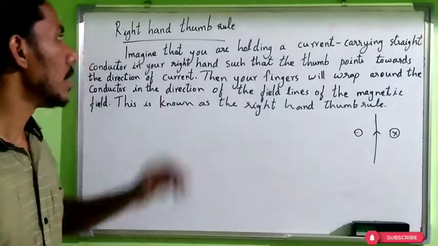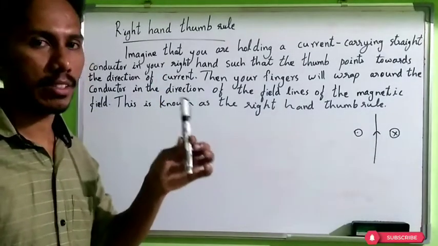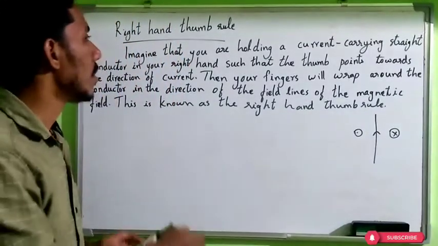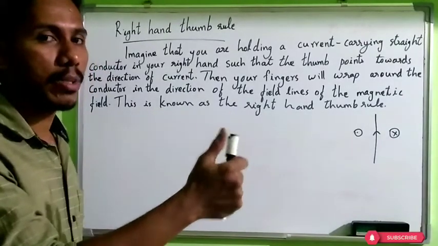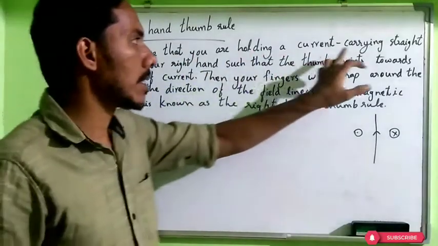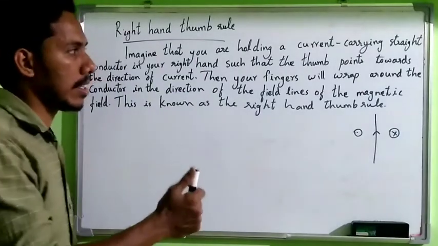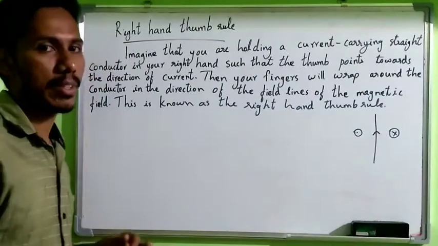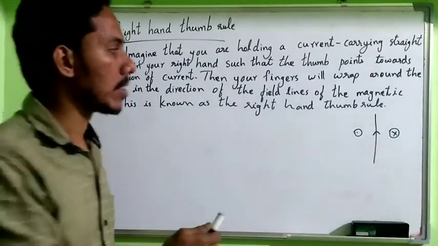Imagine that you are holding a current carrying conductor in your right hand, such that the thumb points towards the direction of the current.